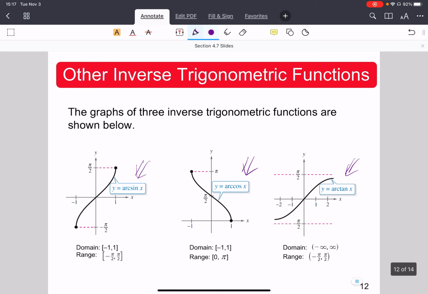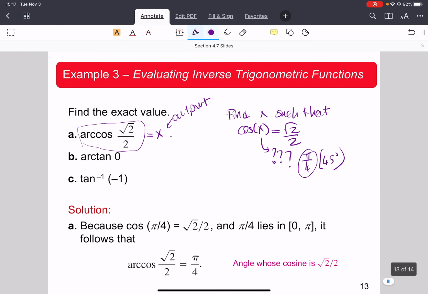So go back and find the range for arccosine. You guys realize the range for arccosine is 0 to pi. We know that pi over 4 is in the range. So we feel comfortable in saying that this output value must be pi over 4.